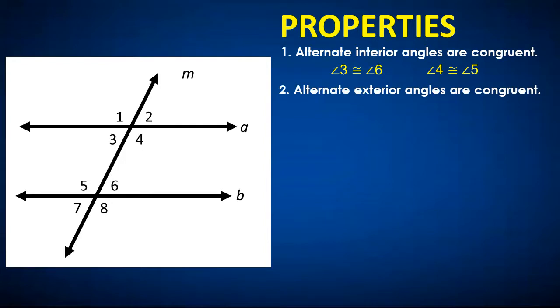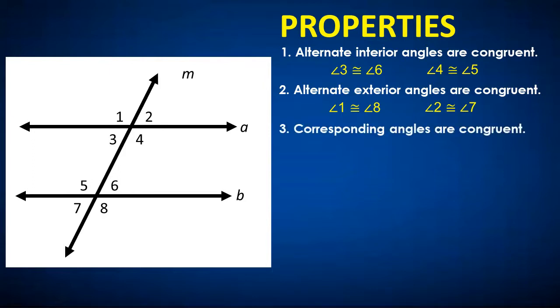Next, number 2. Alternate exterior angles are also congruent. So, find the pairs of alternate exterior angles. We have angle 1 congruent to angle 8, and angle 2 congruent to angle 7. Again, if you give the reason why they are congruent: because they are alternate exterior angles.